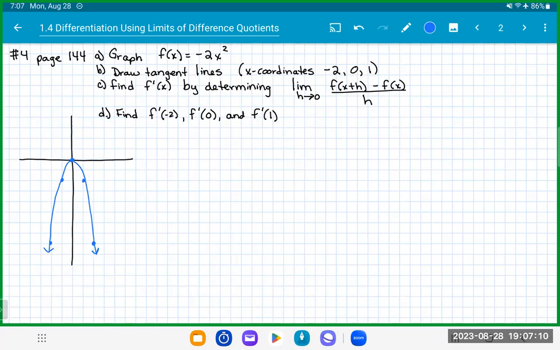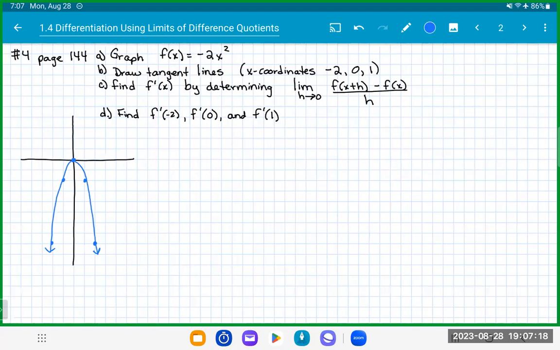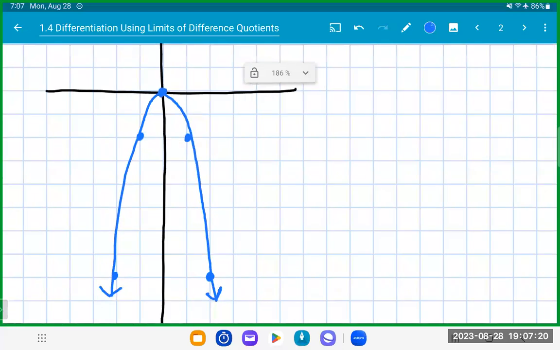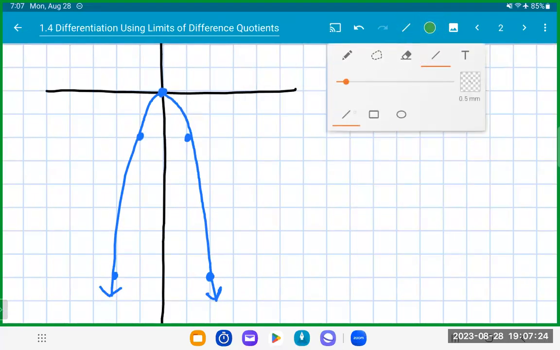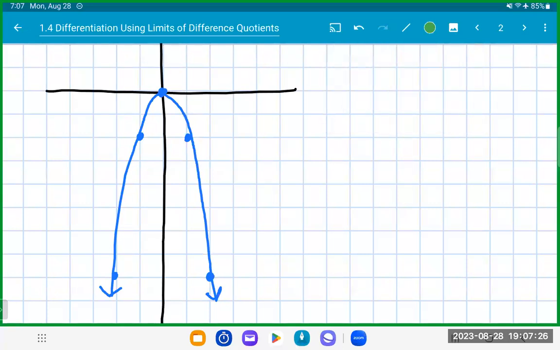So that's part one. It asked us to graph it. Now it wants us to draw the tangent lines at our x coordinates of -2, 0, and 1. So we're just going to blow this up over here. Let's go ahead and I'm going to just get a straight line. It said it wanted us to draw our tangent line to the graph at x equal to -2.